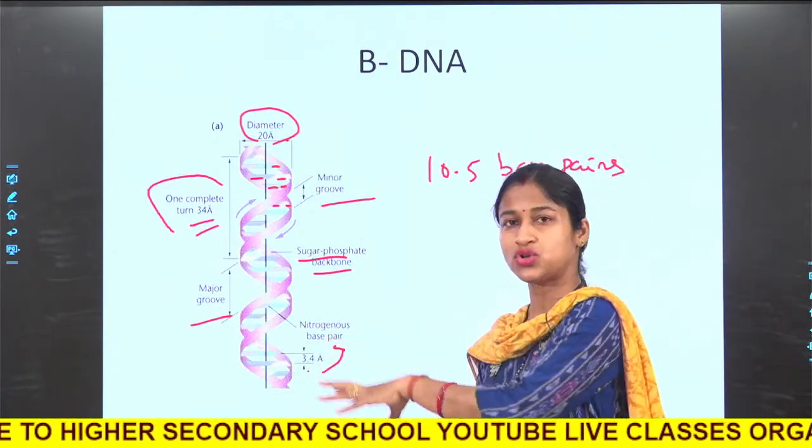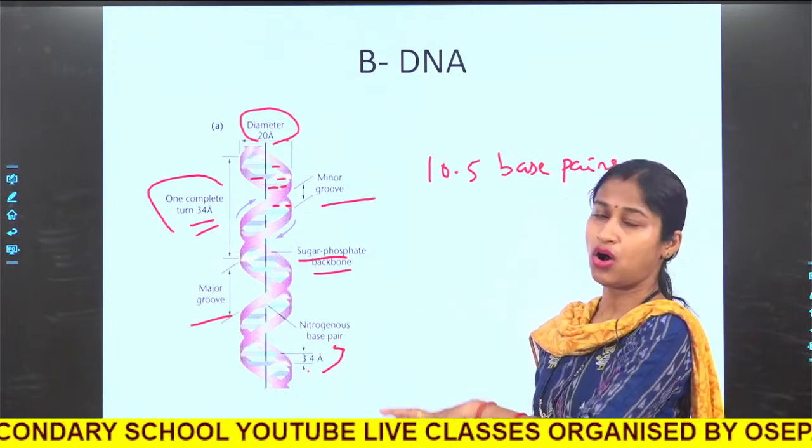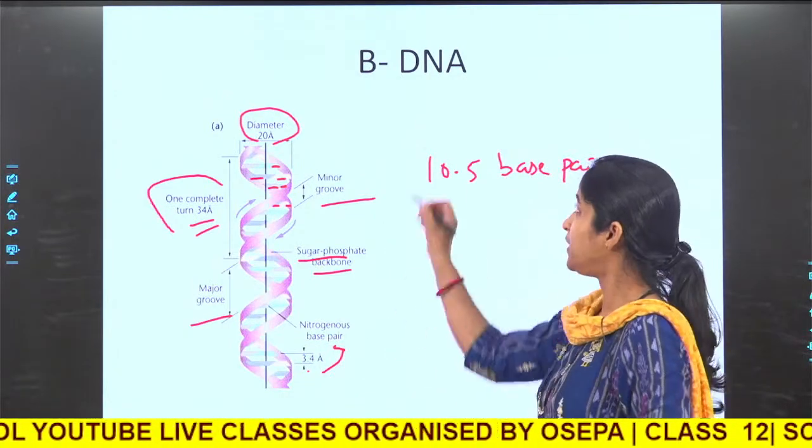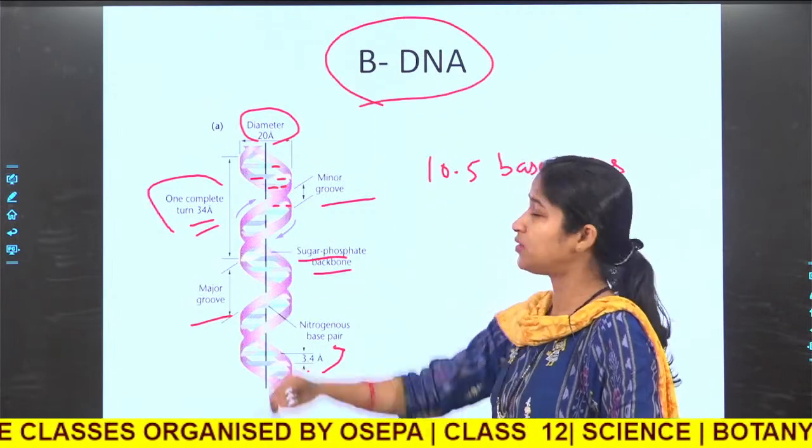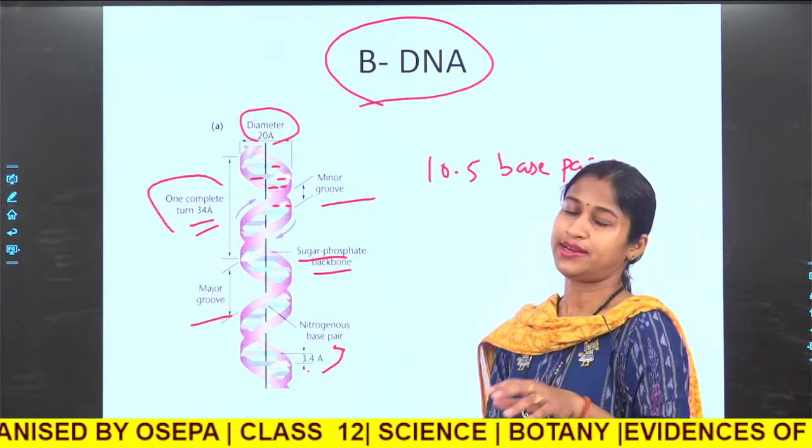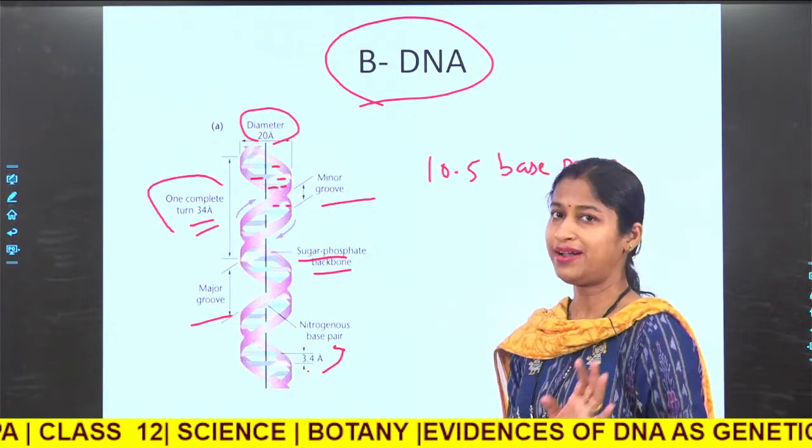This is the physical structure of DNA, particularly of the B form discovered by Watson and Crick.